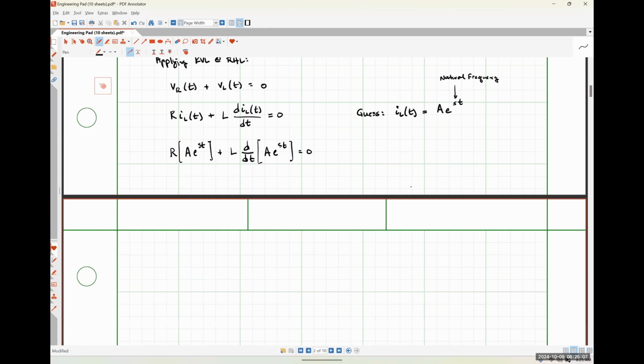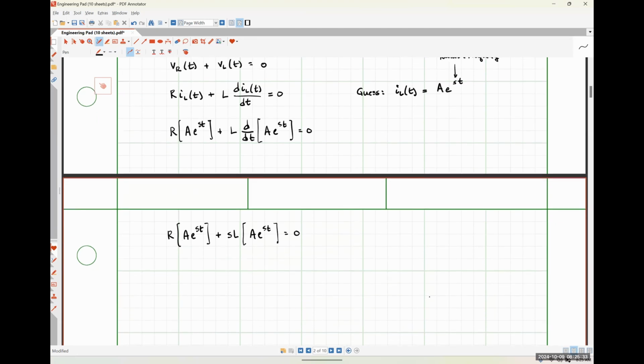And so now I'm just going to perform that indicated derivative. So how do I take the derivative of A e to the st? It's just bring the s down, right? So that's going to leave me with R times A e to the st plus sL times A e to the st is equal to 0.